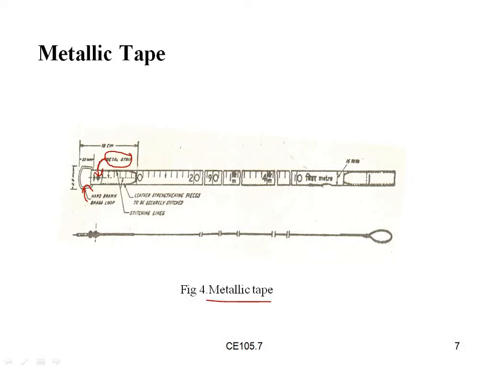This is a leather type cloth up to here. To give protection to the tape, the leather strengthening pieces are securely stitched, and these are the stitching lines on the tape. These markings are in decimeters and meters.